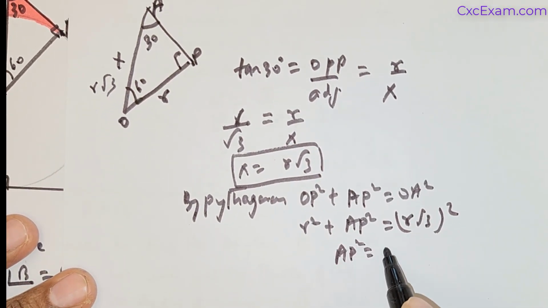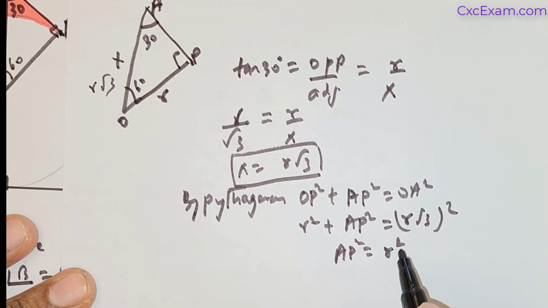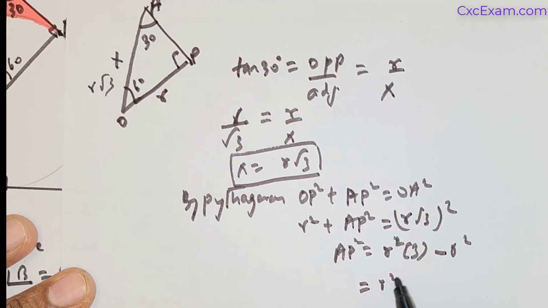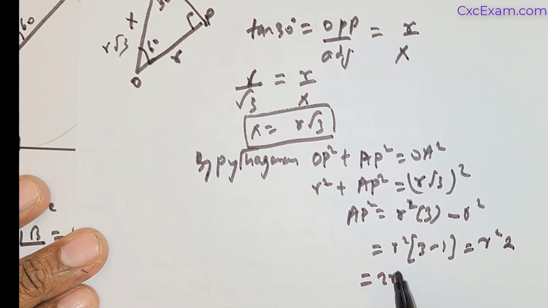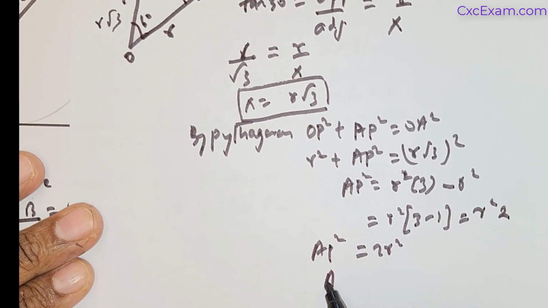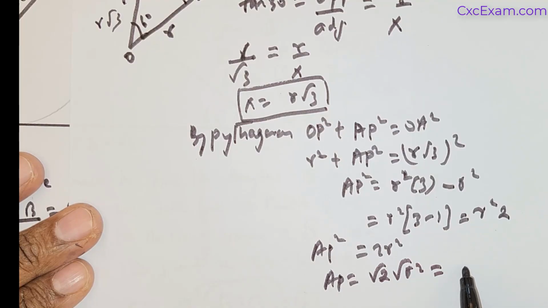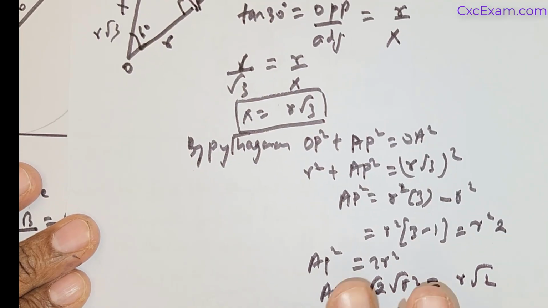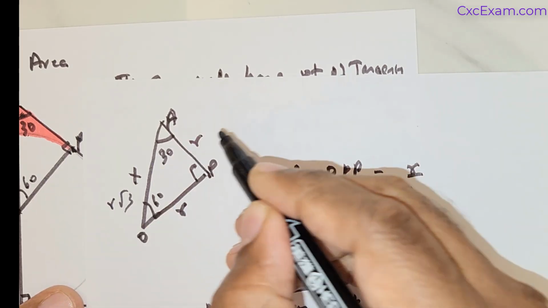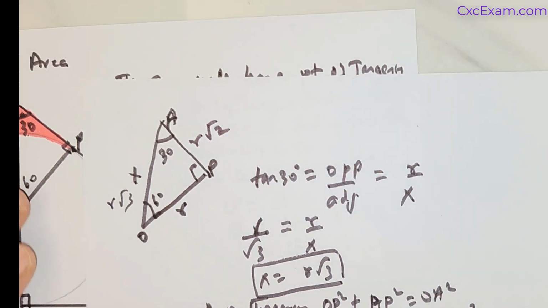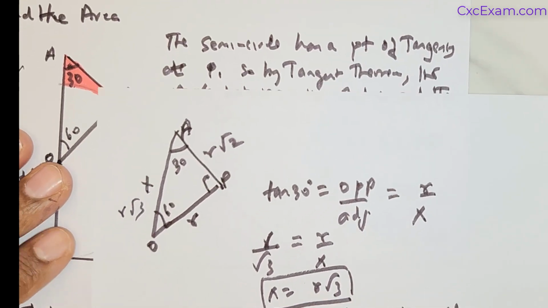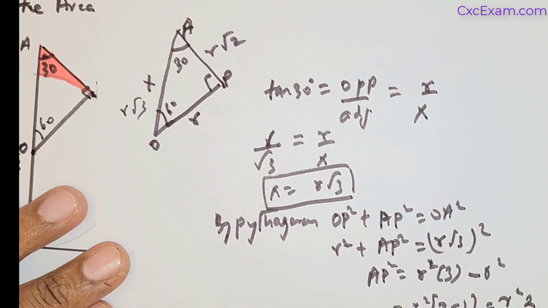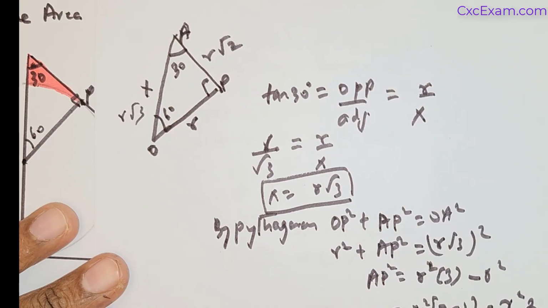So from here AP squared is equal to R squared times 3 minus R squared, which is R squared times (3 - 1), which is R squared times 2. So you have 2 times R squared is equal to AP squared. So AP is equal to root 2 times the root of R squared, which is R times root 2. So this distance is R times root 2. I hope you're able to get the idea.